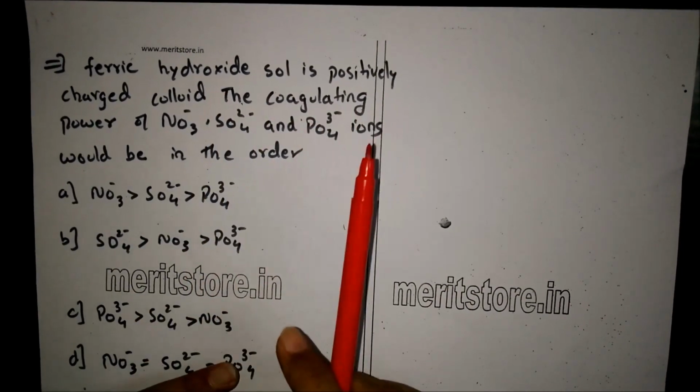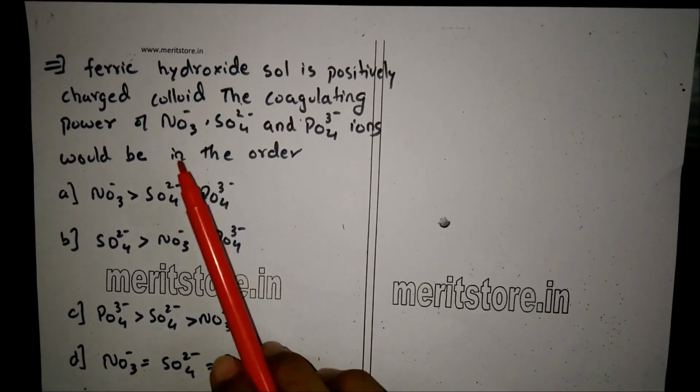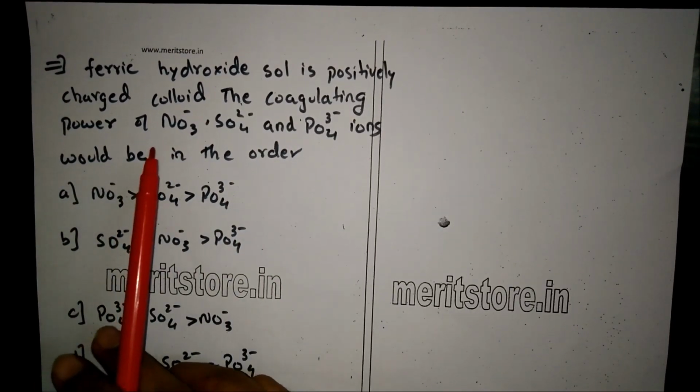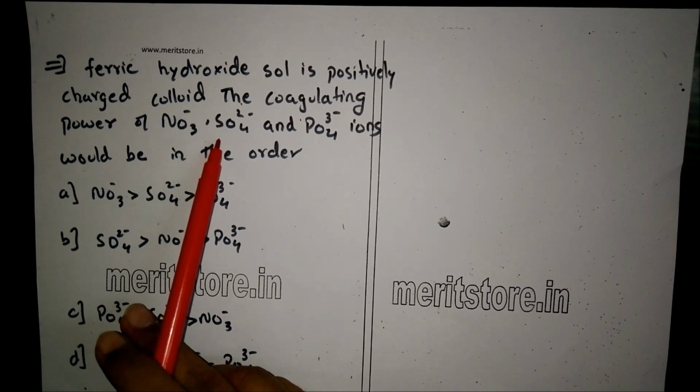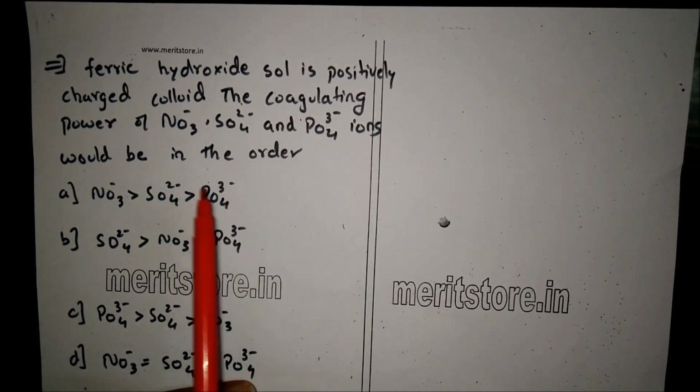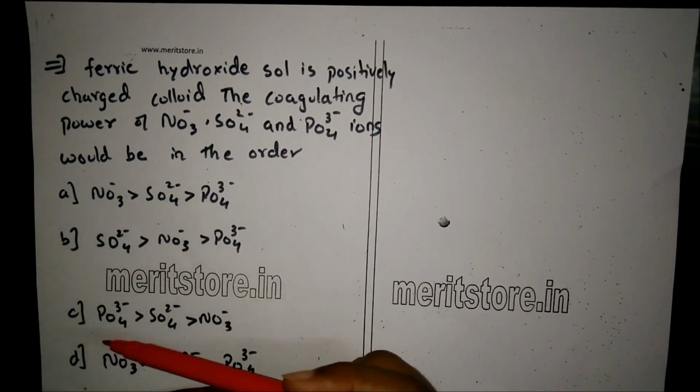Ferric hydroxide solution is a positively charged colloid. The coagulating power of NO3⁻, SO4²⁻, and PO4³⁻ ions would be in the order, here are the options.